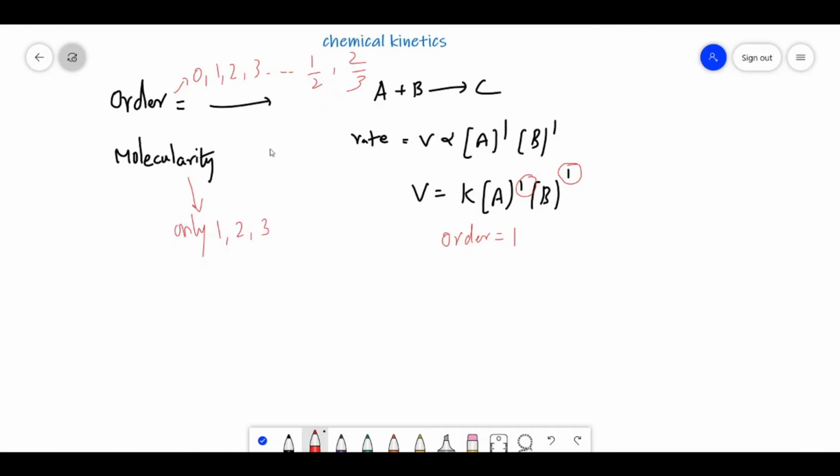And molecularity is determined from theory by using the reaction mechanism, whereas order is determined from experiments. We cannot see a reaction and tell the order of the reaction. We have to perform an experiment, and by using the experimental data, only then can we calculate order.